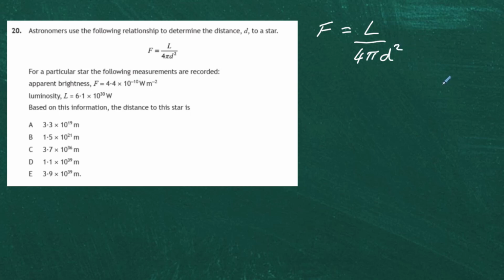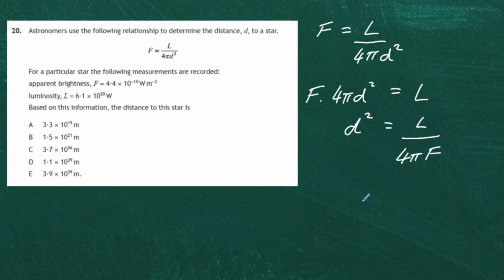Now, to get d squared on its own, we must cross multiply first of all and get F times 4 pi d squared equal to L. We want to find d squared on its own, so we have to divide each side by 4 pi times F. So d squared equals L divided by 4 pi F. And finally, d on its own will be equal to the square root of L divided by 4 pi F. So there we have the equation to find the distance to the star given those numbers.